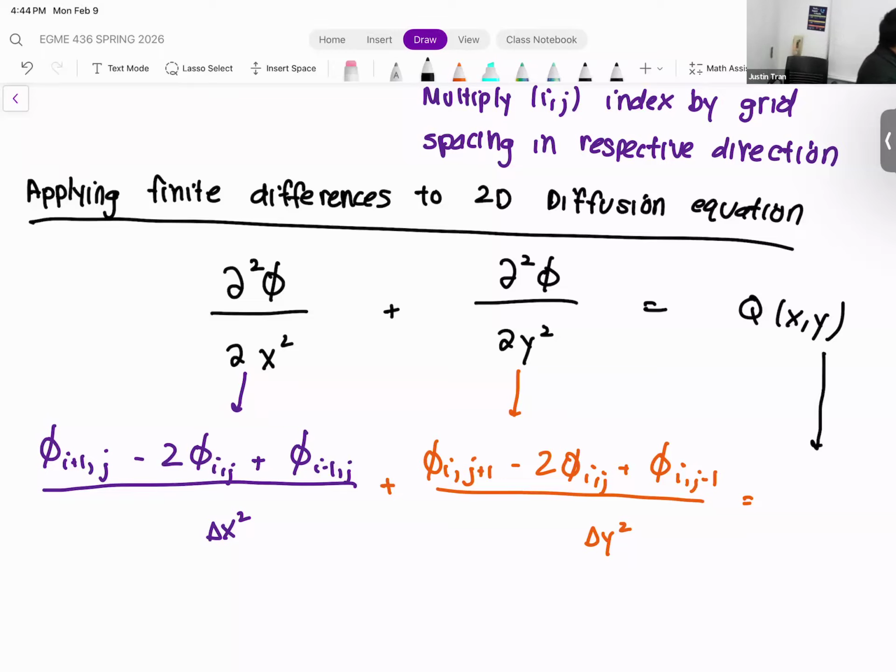For our source term, we can't really do anything with it until we know the functional form, but we usually evaluate this at the physical coordinates of a given node. So this becomes q at x i, comma y j, using the physical coordinates we just finished talking about.